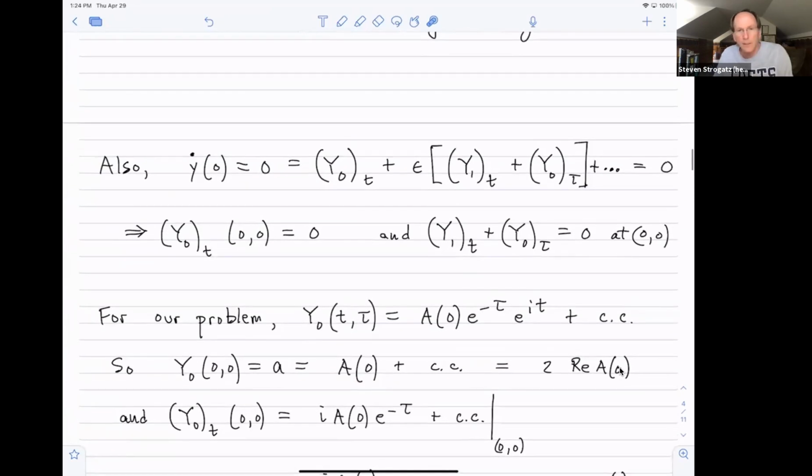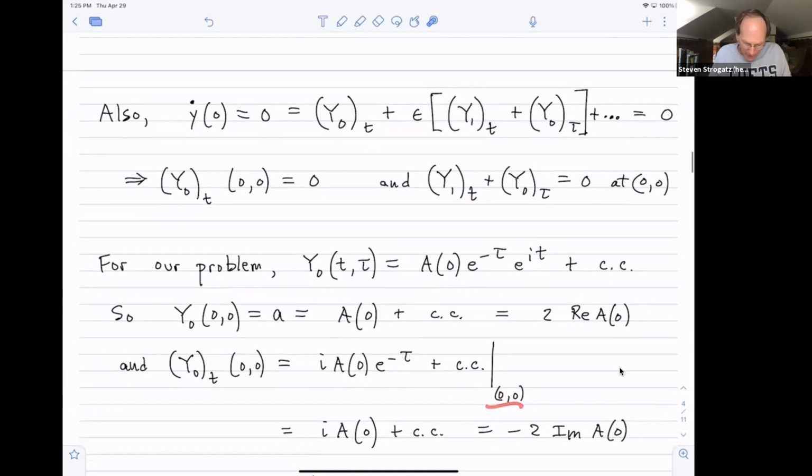The other initial condition, the one on the derivative, can be shown to give us i A0 e to the minus tau plus its complex conjugate. Evaluating that at 0, 0 gives us i A0 plus its conjugate, which comes out to be minus 2 times the imaginary part of A at 0.